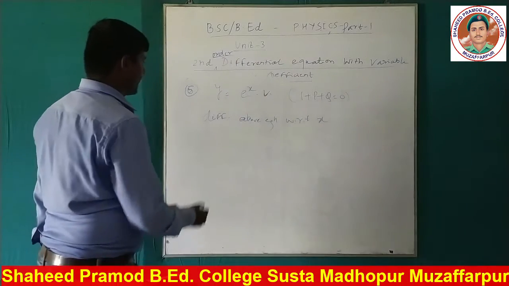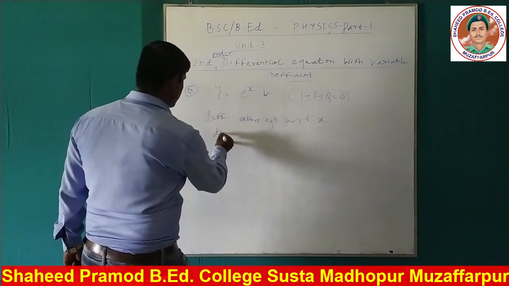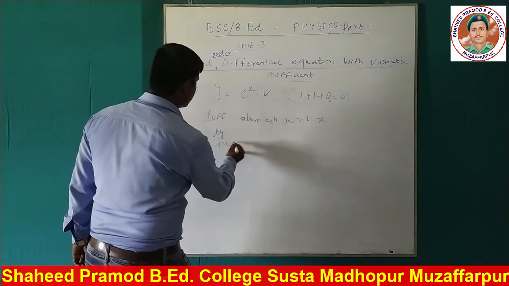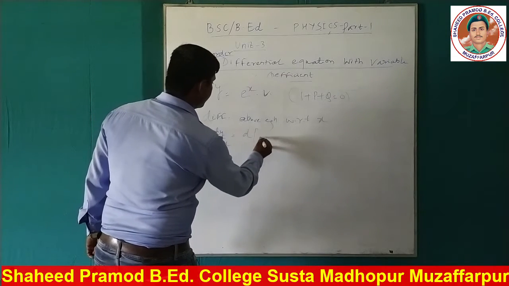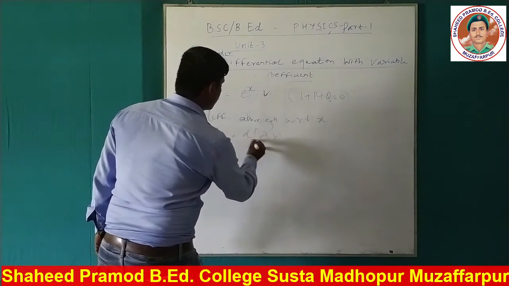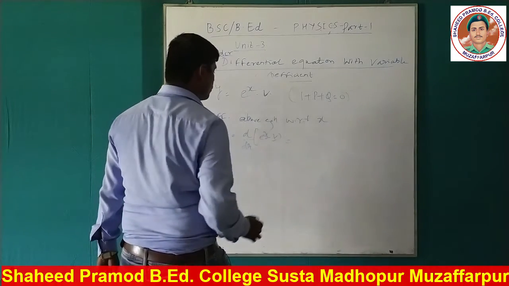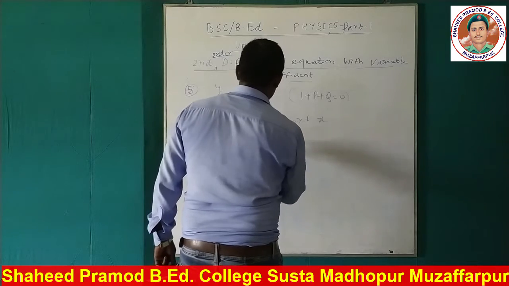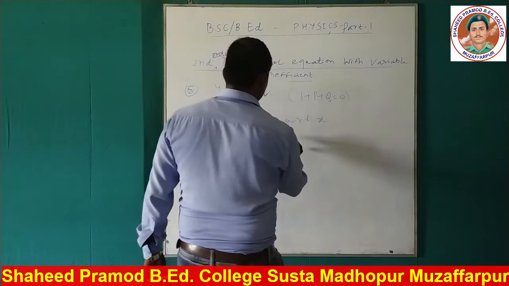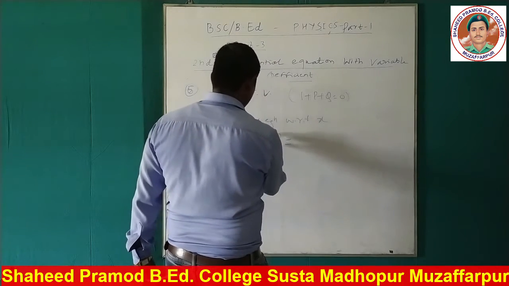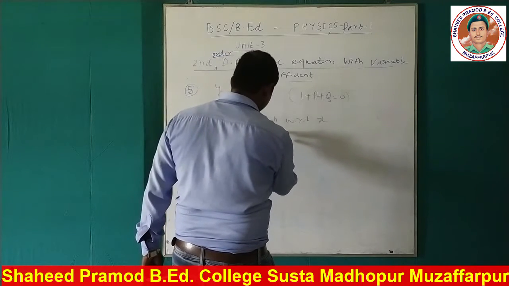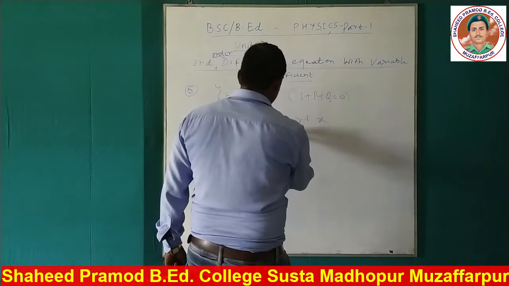With respect to x. So differentiate: dy upon dx is equal to d of e^x into v. So this is the two function product. So you have to differentiate that one. First of all, you need to differentiate first one, and second one you have to take as it is.